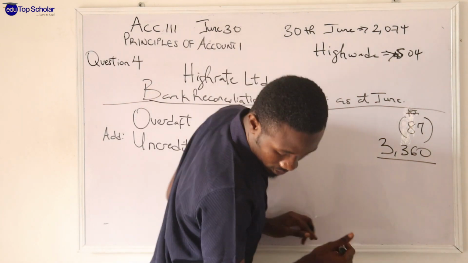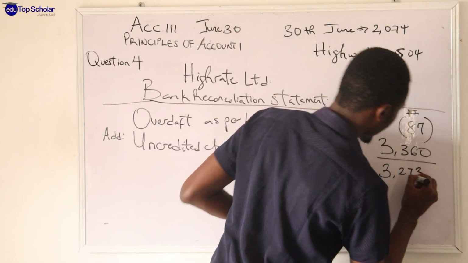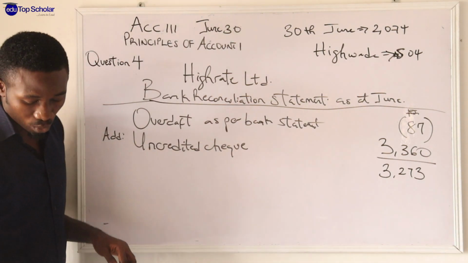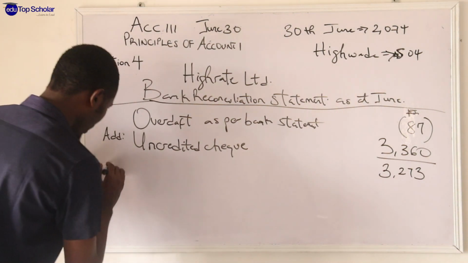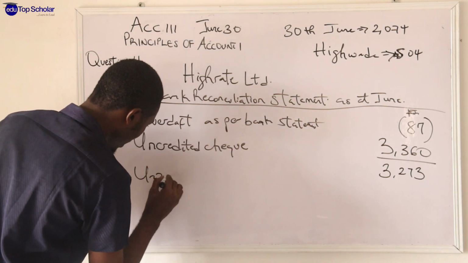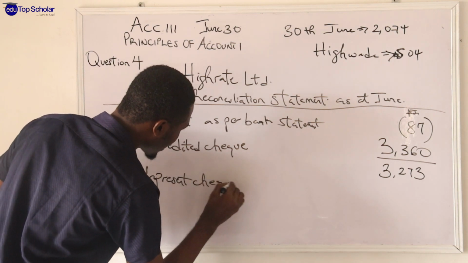So we have 3,273, and you less unpresented checks, which we have already identified.